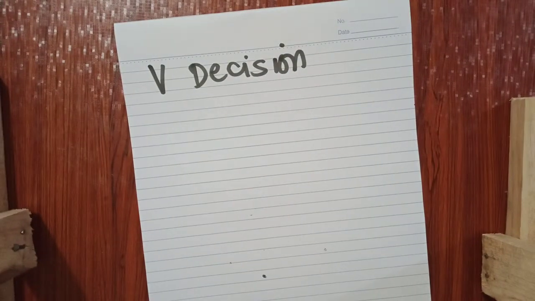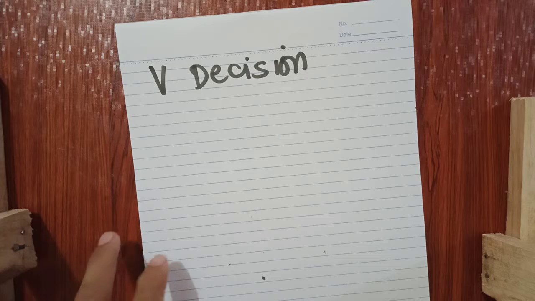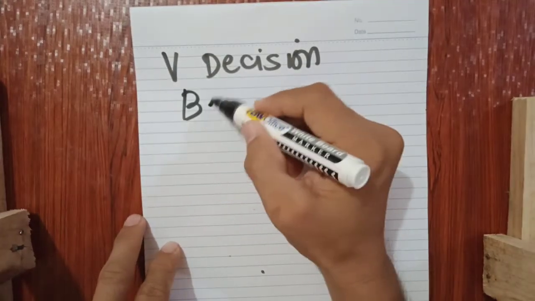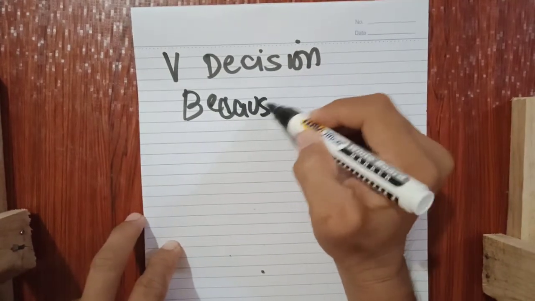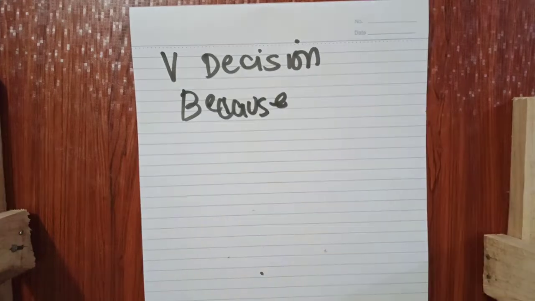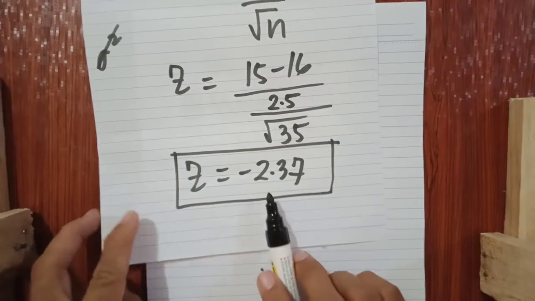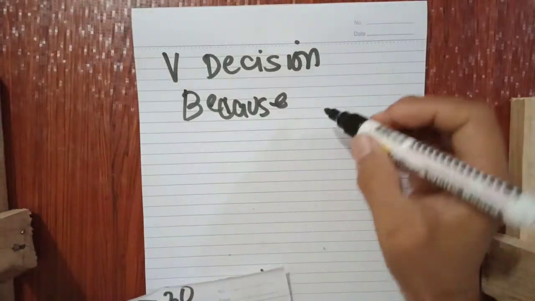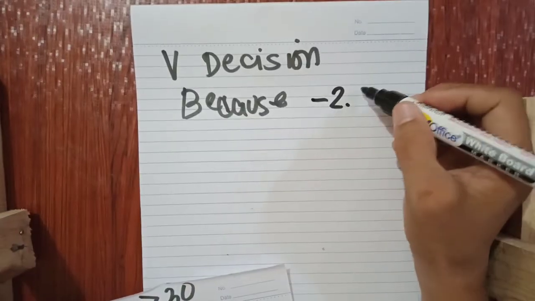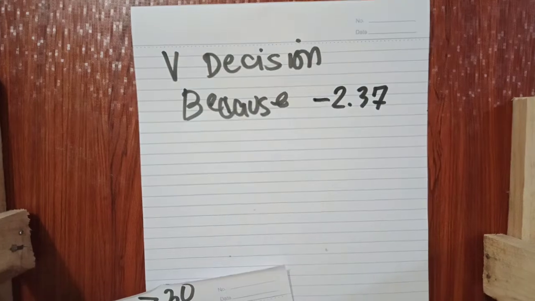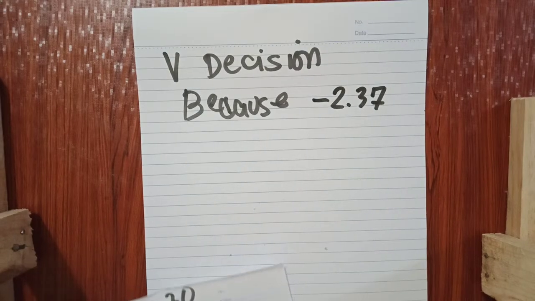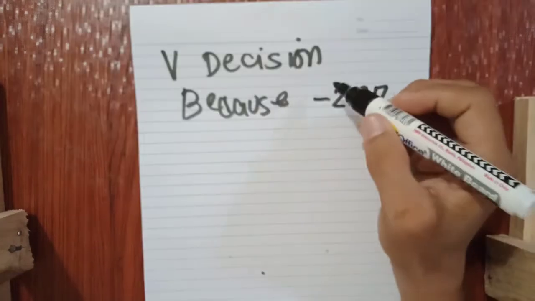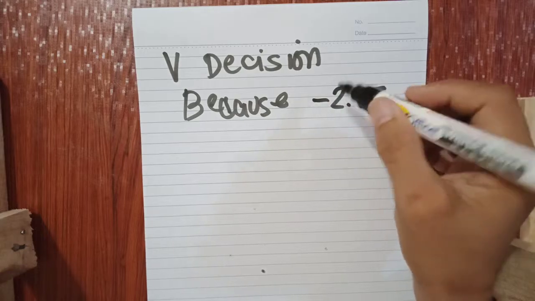Decision natin. Because yung nakuha nating z, no? Negative 2.37. So, sa absolute value ito kung absolute value ito.